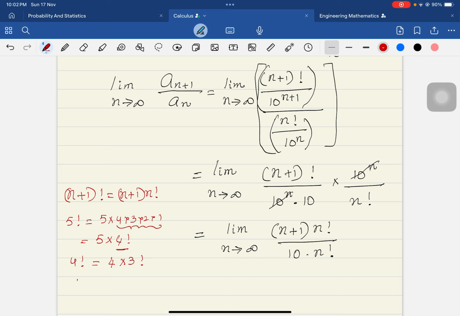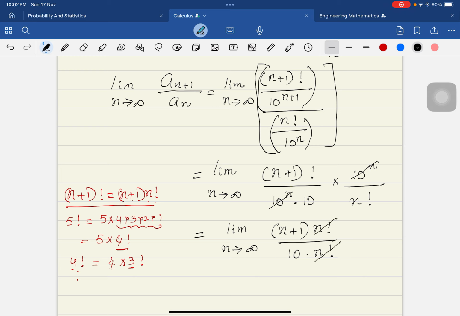In the same pattern, (n plus 1) factorial can be written as (n plus 1) into its previous number factorial, n factorial.